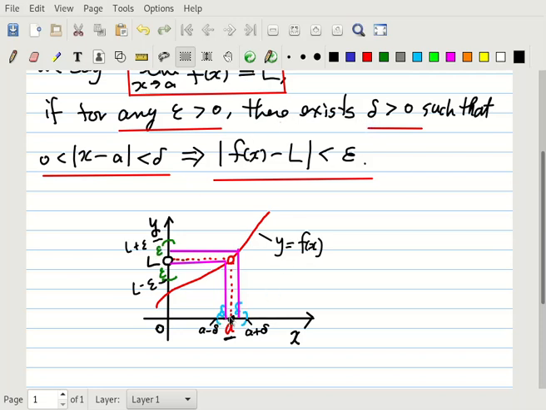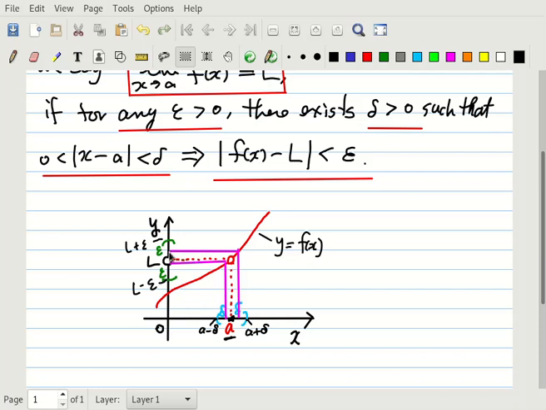Delta is on the x-axis, the domain. That means the open interval A minus delta to A plus delta, such that any point in this delta interval, the x is mapped into this epsilon interval.